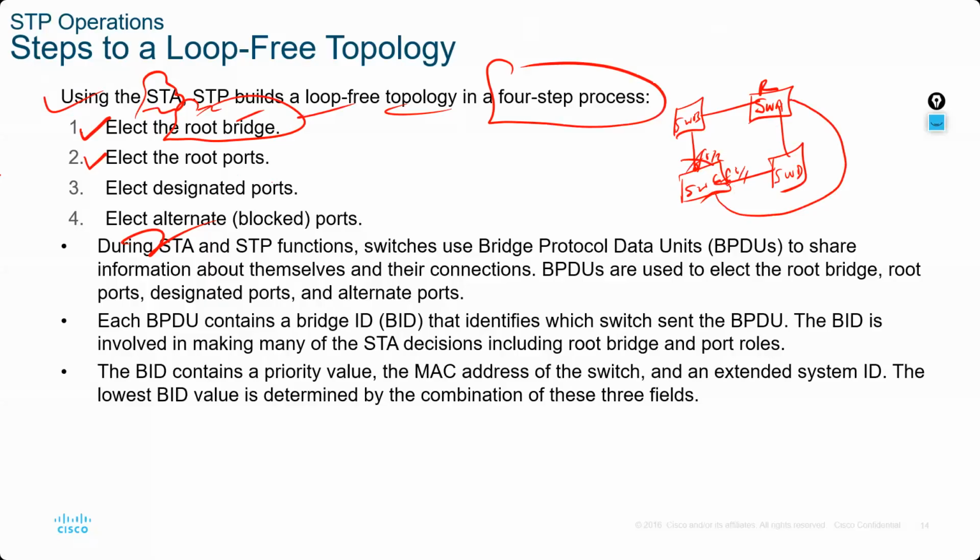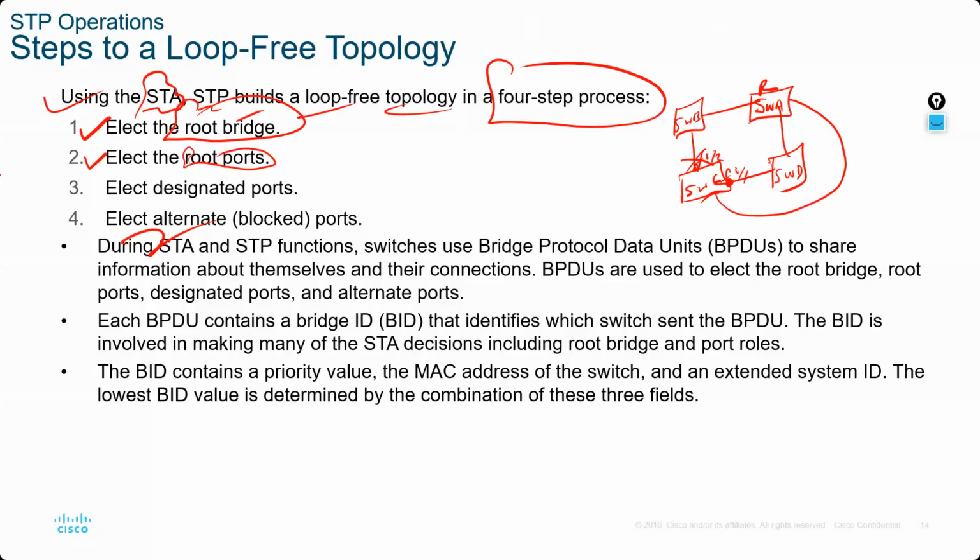These ports that switch C, please take note now, because this got me for a long time. Until when I went to South Africa for my CCNP, that was when I understood this part very well. You know, I always confess my sin in this class, or anytime I'm teaching. The port that this switch is using to go to the root bridge, that active port on that switch, is called a root port.